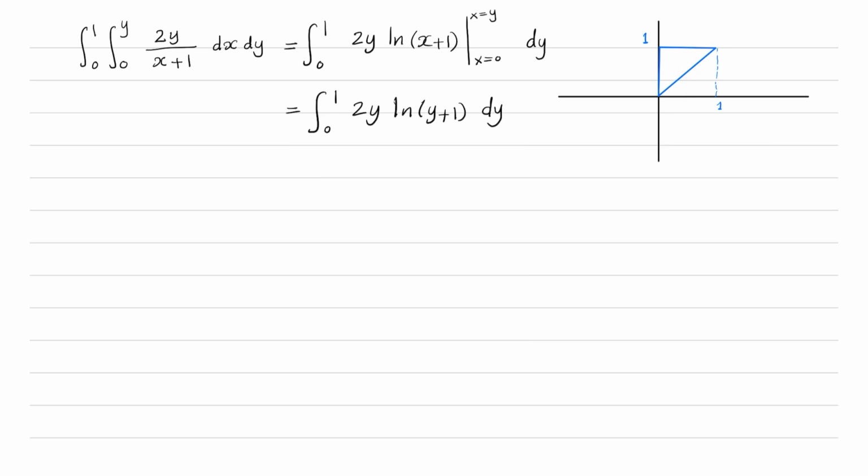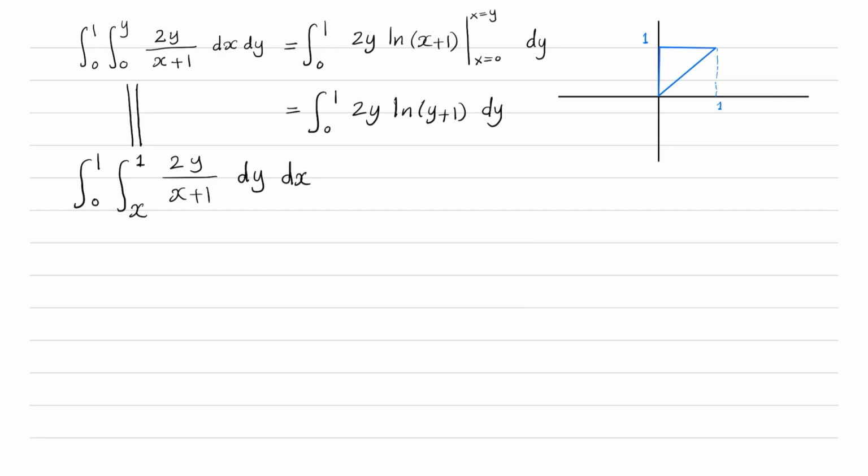So when we change the order of integrals, the function doesn't change. Remember, this time we first want to integrate with respect to y and then with respect to x. Now, x changes from 0 to 1, and for any fixed x, y changes from x to 1.